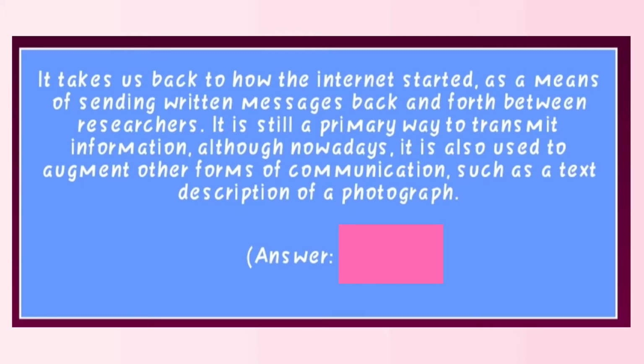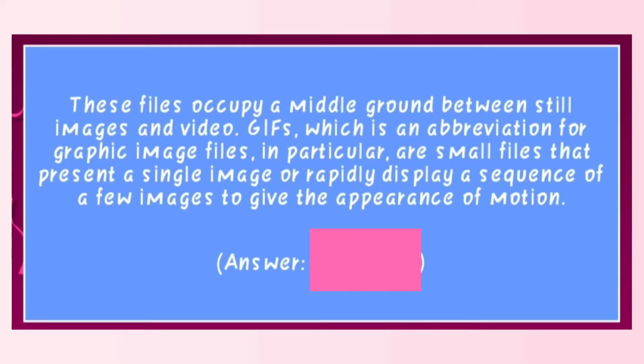What is the correct answer? The correct answer is text. Is your answer correct? Very good. Question number 3. These files occupy a middle ground between still images and video.